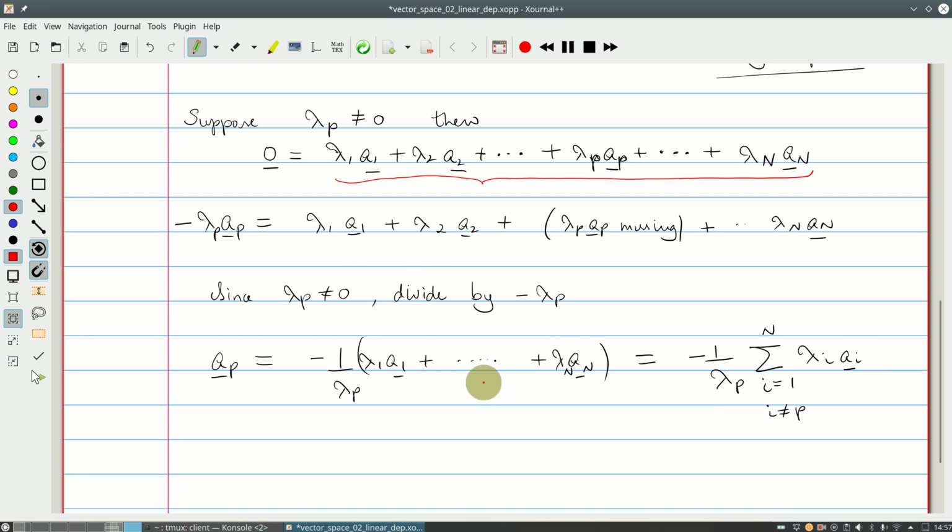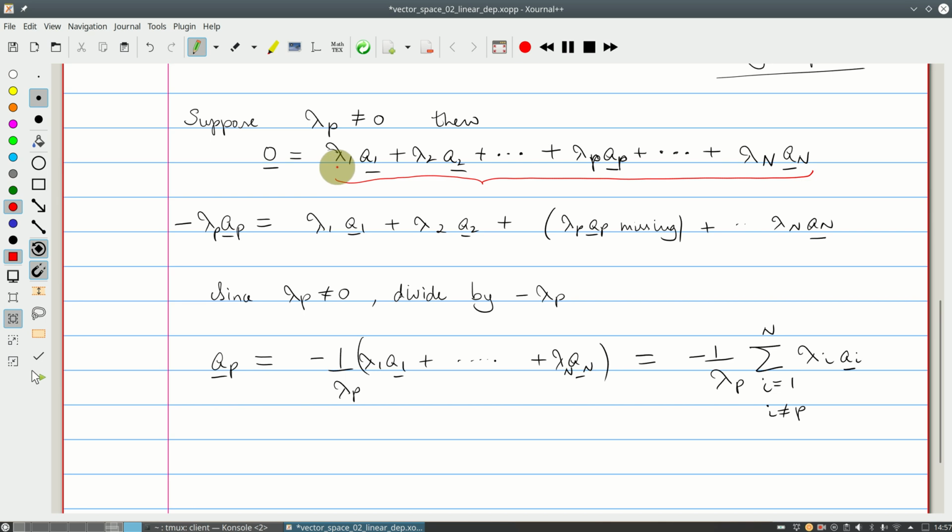The corollary is that if the only way to get this linear combination of vectors equal to the 0 vector is to have each of the scalars equal to 0, then the set of vectors is considered to be linearly independent.